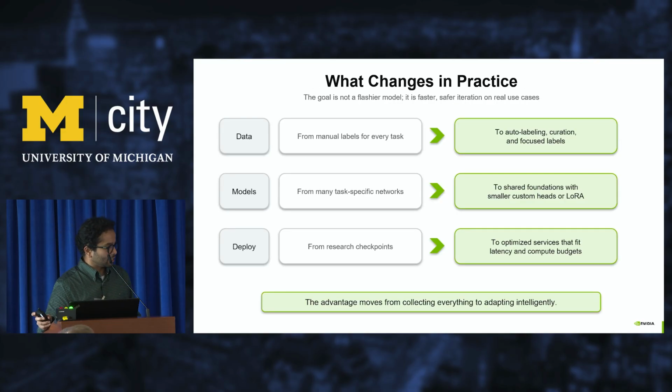So, what does this change in practice? The whole shift from the traditional stack, where we had individual models, to foundation models as well as fine tuning, is that we're not going for a flashier model. We want to adapt these models to our own particular use case and have them be deployable. So from the data point, you have manual labels, which goes to auto labeling, curation, and focus labeling.